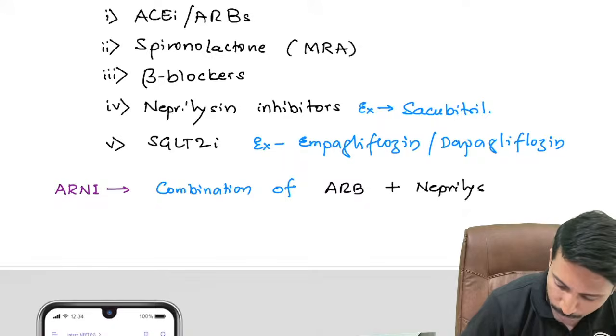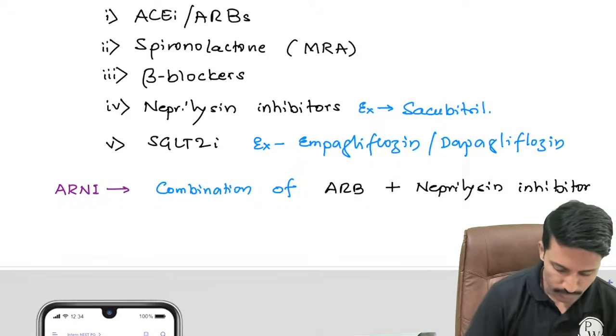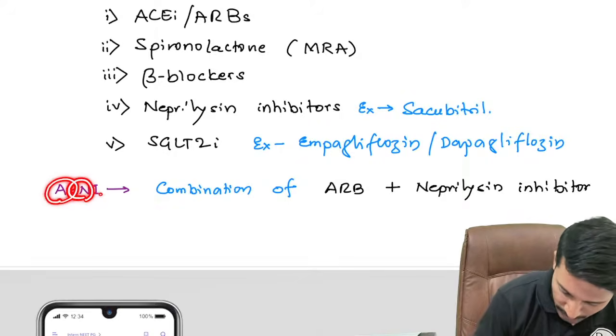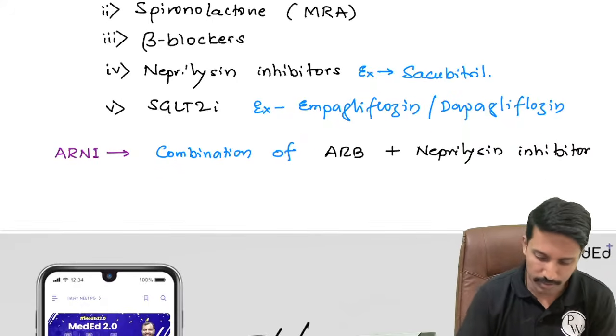So when we give it in combination, we call it as ARNI. So ARNI refers to angiotensin receptor and neprilysin. Both are being inhibited. Angiotensin receptor and neprilysin inhibitor, right?